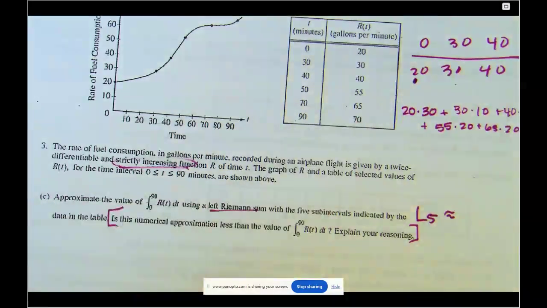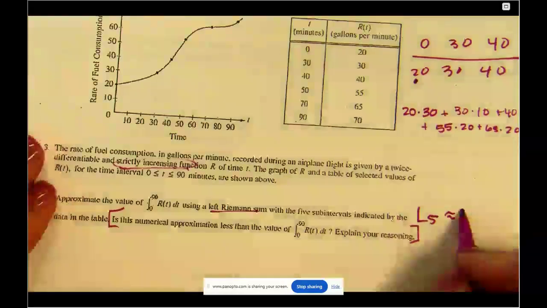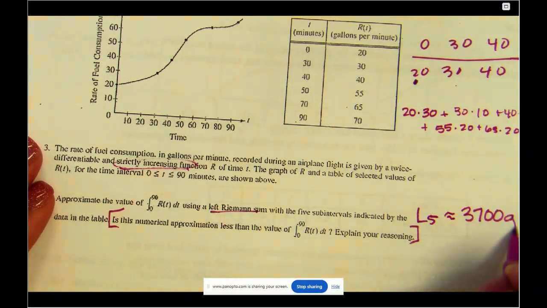I got 3,700. If you flip that with the Y, I think it's 1,750. It is 3,700 gallons.